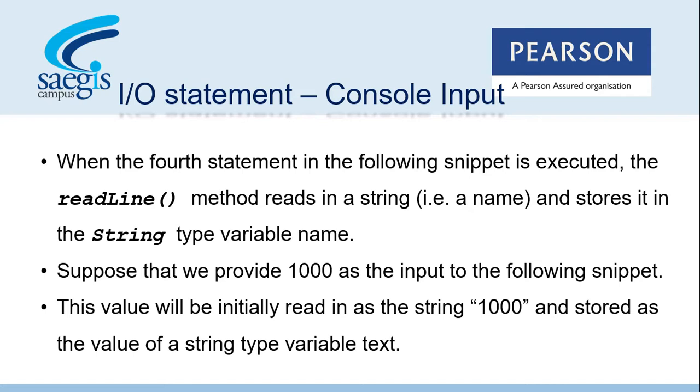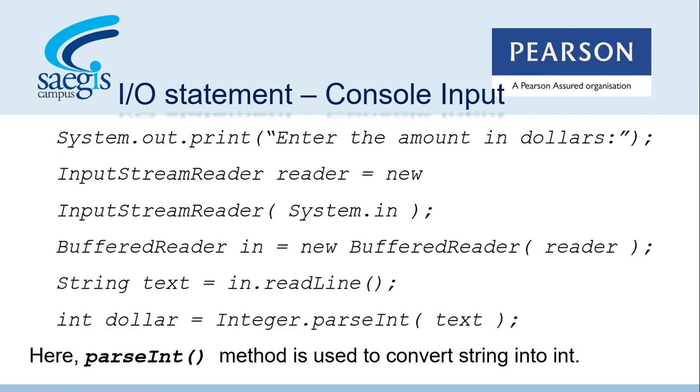Think of it this way: if you provide 1000 as the input to the following snippet, the value will be read as the string 1000 and stored as a string in the string type variable text.